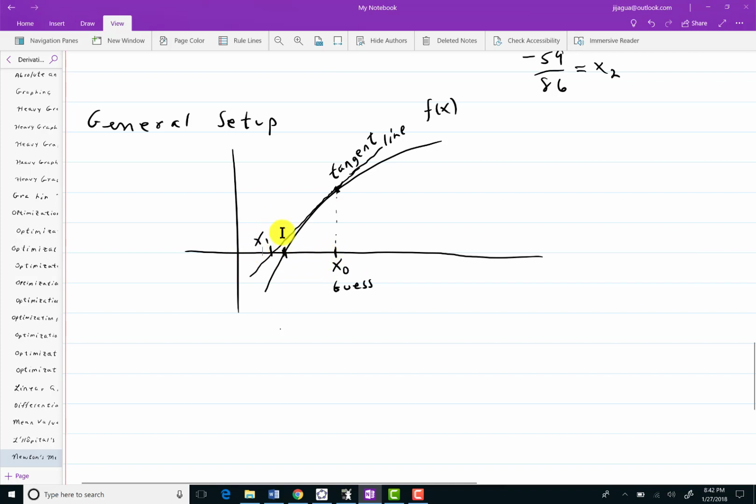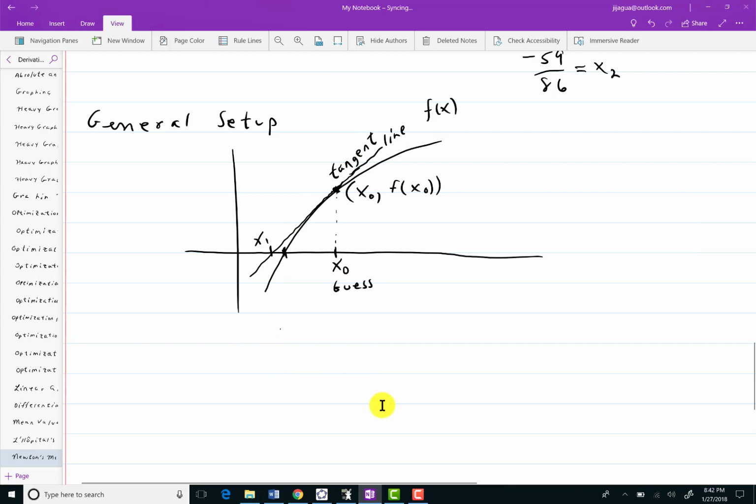And then you'll just repeat the process over and over again. So this point here, the tangent point, goes by coordinates x sub 0, f of x sub 0. If I want the equation of this tangent line, well, that's easy enough. The slope is f prime.